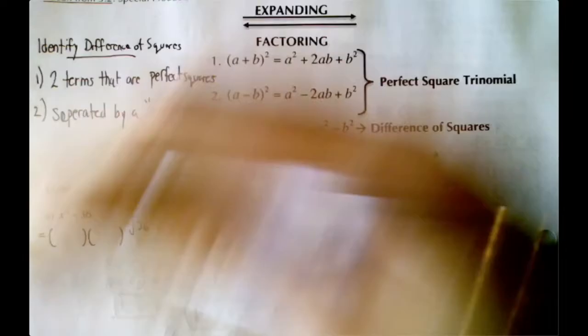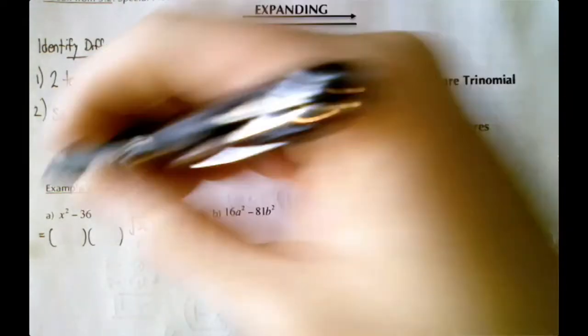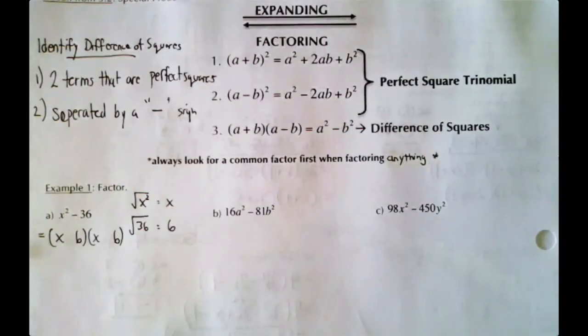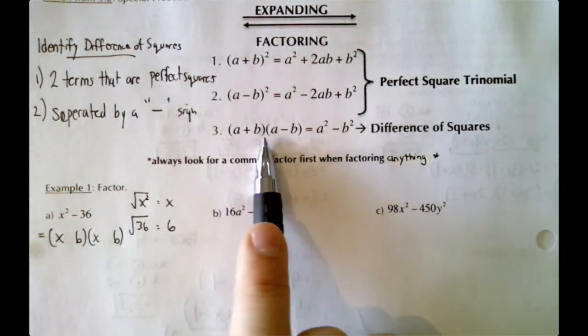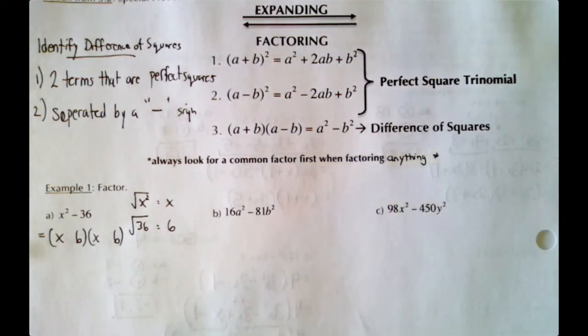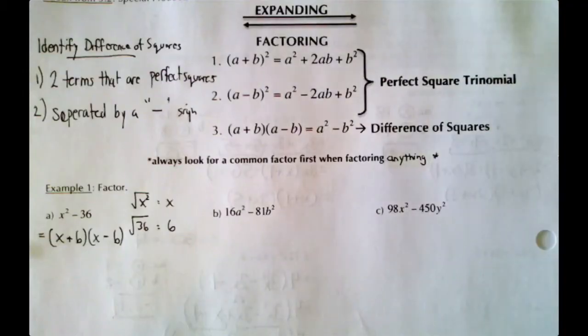Because remember, when you factor, you're looking to create your two brackets, and something has to go in those two brackets. Well, it's x and 6 that go in. But what sign separates them? Well, if we remember, a difference of squares is the result of multiplying almost identical brackets just with opposite signs. So opposite signs fill the brackets, plus and minus.